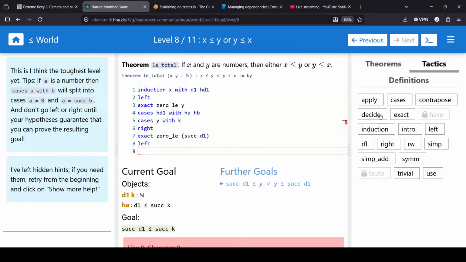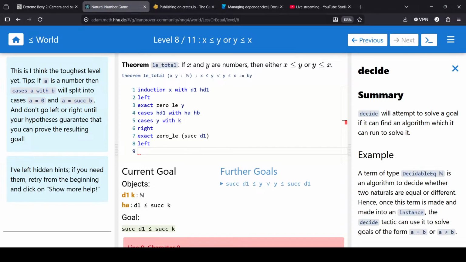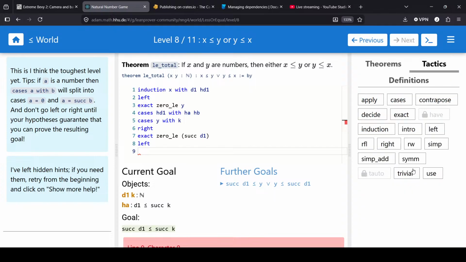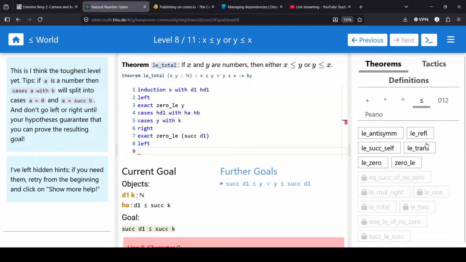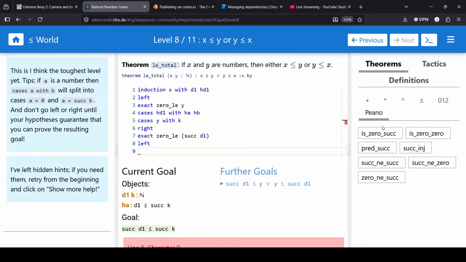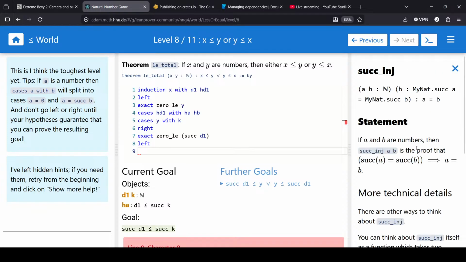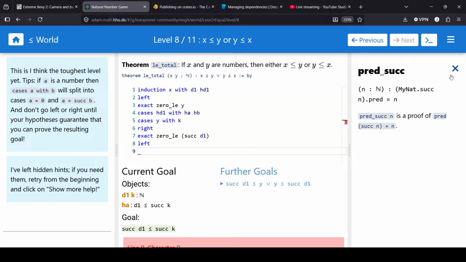Oh, that's just cases. What was the thing? I can't remember. It wasn't this. Was it not a tactic? Maybe it wasn't a tactic. Because nothing else here looks like what I'm thinking of. This thingy. Not you.